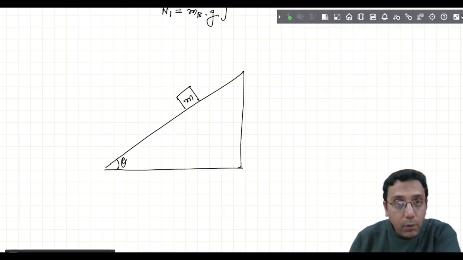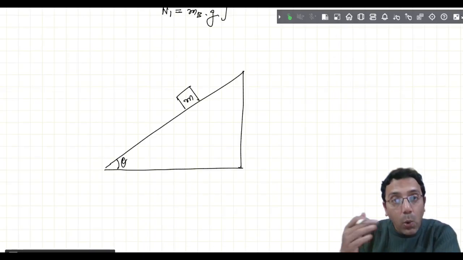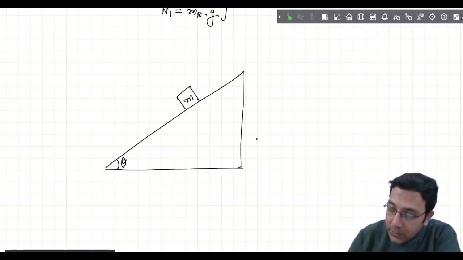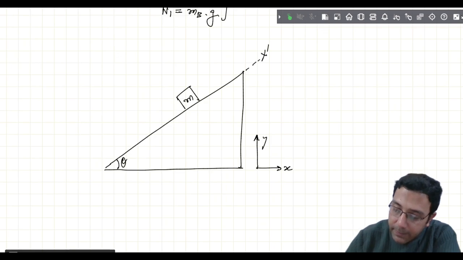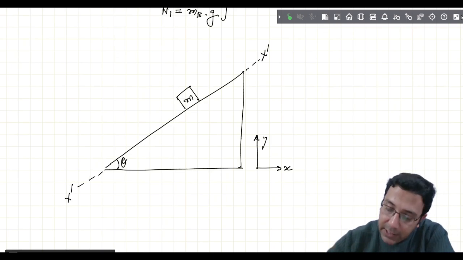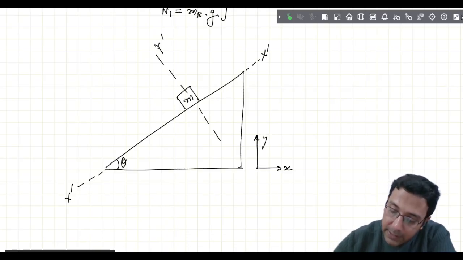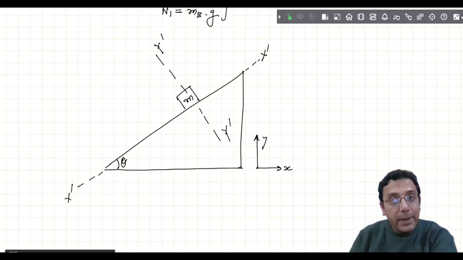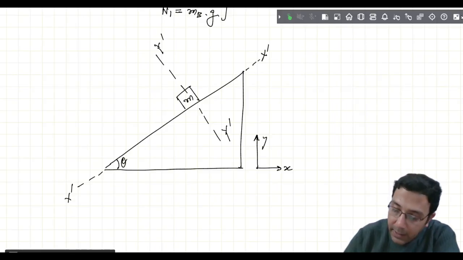We know how to consider the local and global coordinate systems. If this is my global, that is x and y, then this will be my local, that is x dash, and we can draw another, y dash. So this will be my local coordinate system.